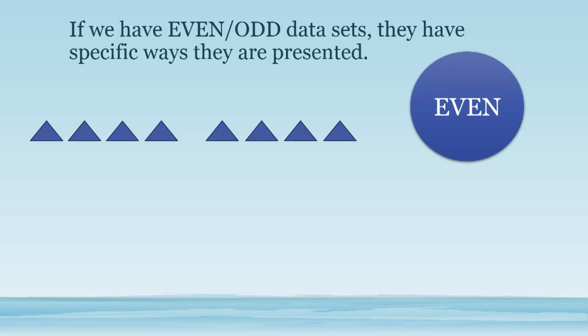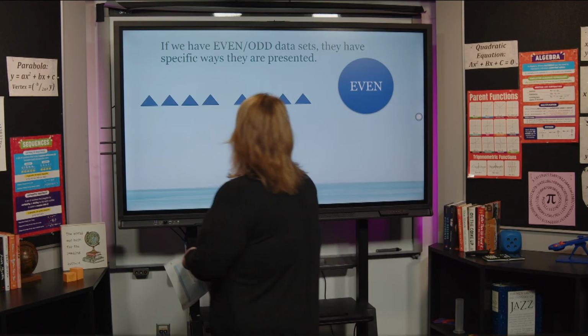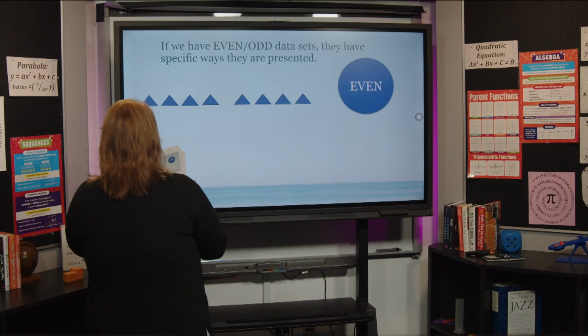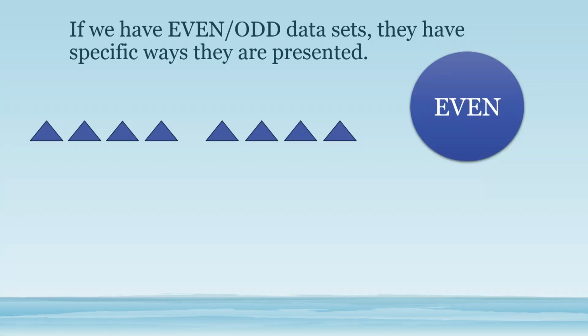It says if we have an even or an odd data set, they have specific ways that they can be presented. So obviously this one isn't odd because I have 8 triangles. So what we're going to say is that this bottom here is my lower half.